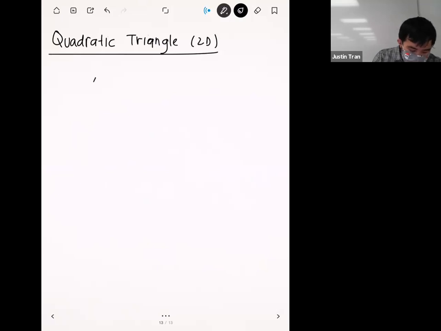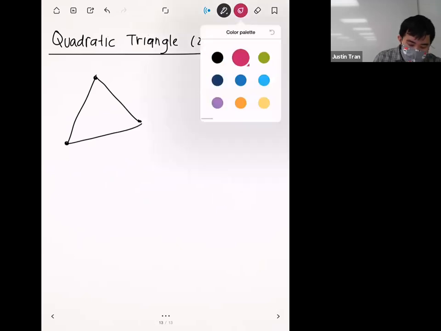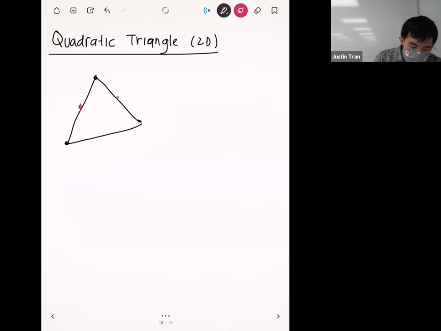Just like we did with the quadrilateral, we're going to start with our linear triangle and then add some additional mid nodes on the middles of all the edges. Overall, we have 6 nodes, which is going to give us 6 shape functions, and 6 terms in our polynomial.